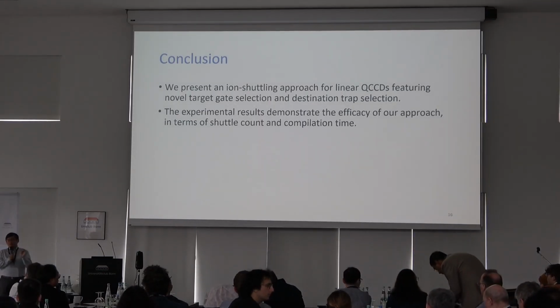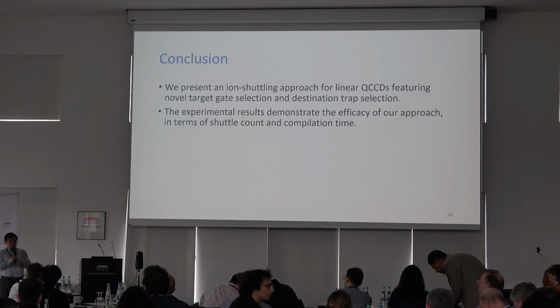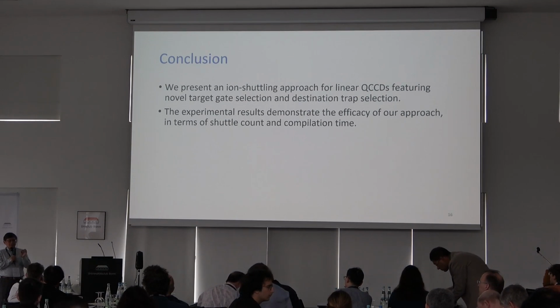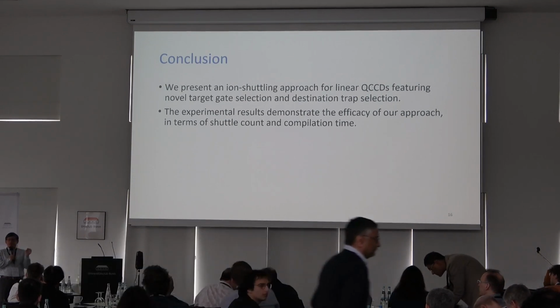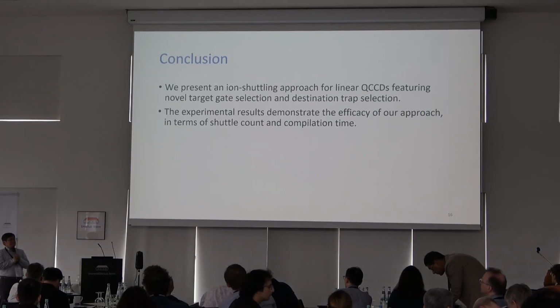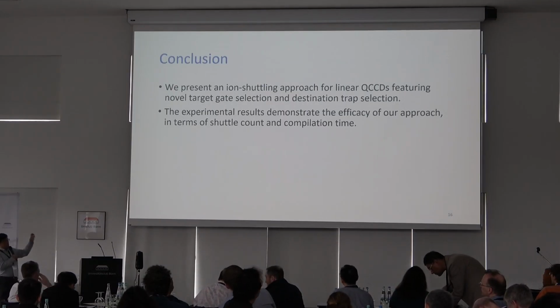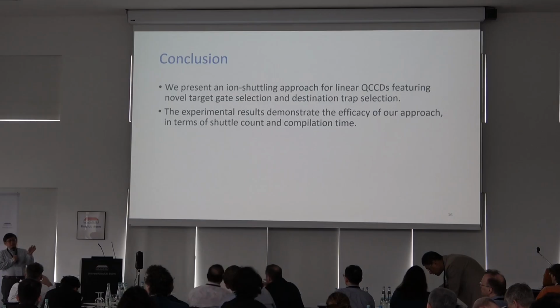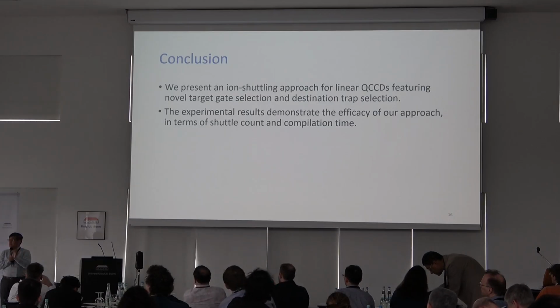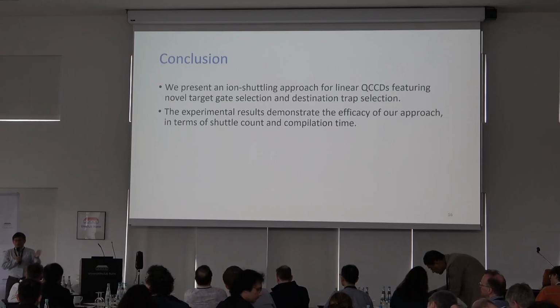But they restrict the destination trap to be chosen from the two traps that have ions involved in the target gate. For example, if you have a target gate whose qubits are located in trap TA and TB, then the previous work will only try to move either one ion from TA to TB or from TB to TA. But in our work, we allow the ion to be shuttled or moved to any trap between these two.